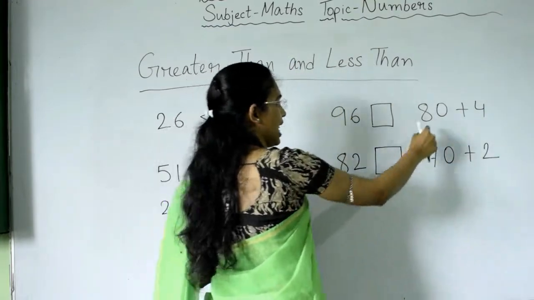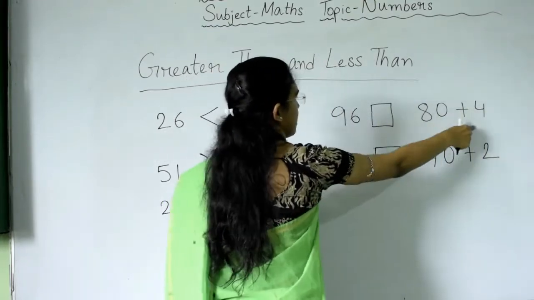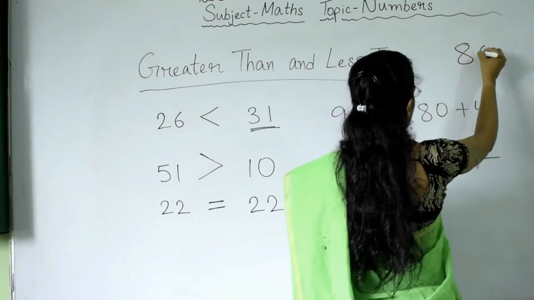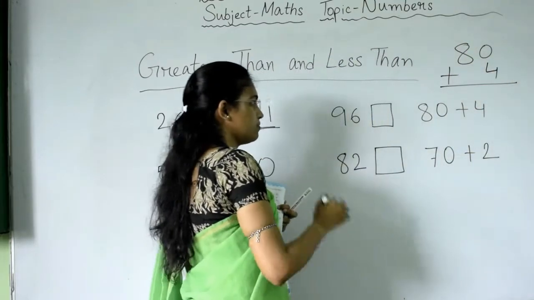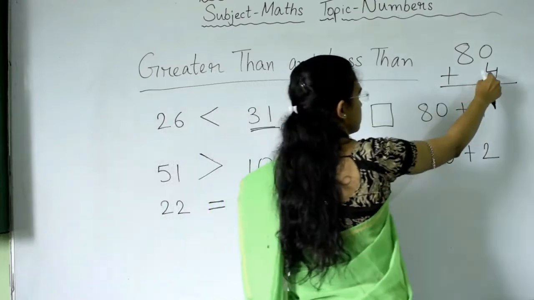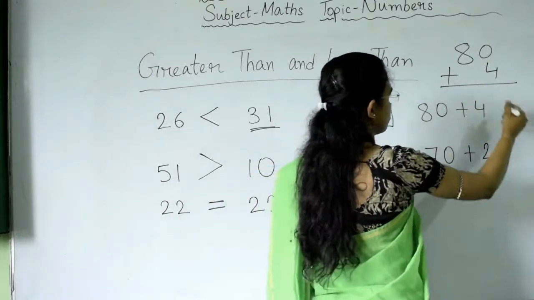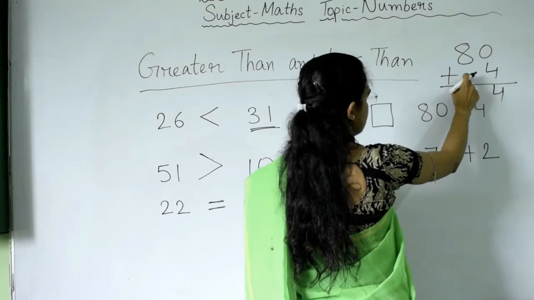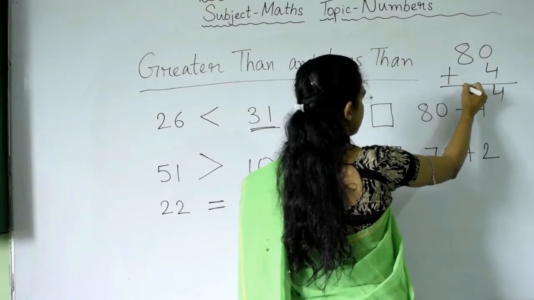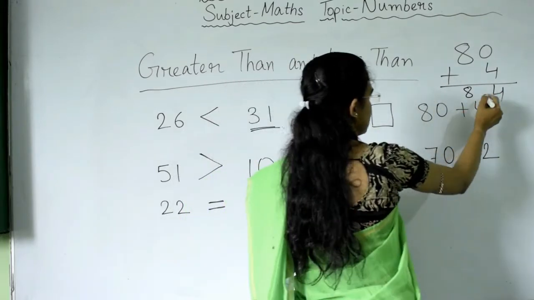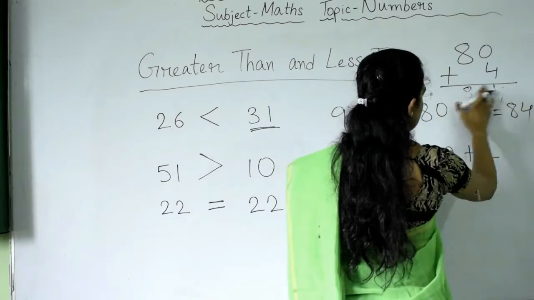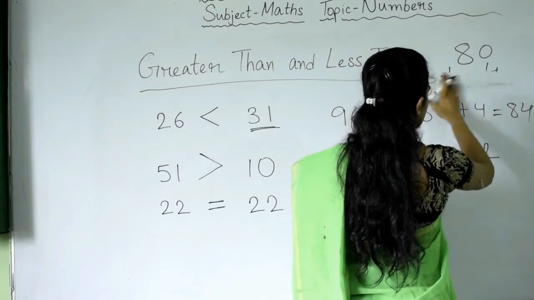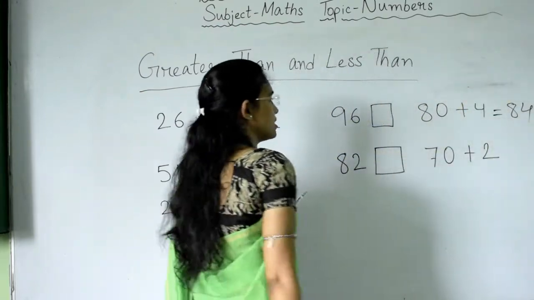So when we add these two numbers, 80 plus 4, we have to add in this way. So what will be the answer? 4 plus 0 equals to 4 and there is nothing, so we have to put 8. So the answer is 84, right?